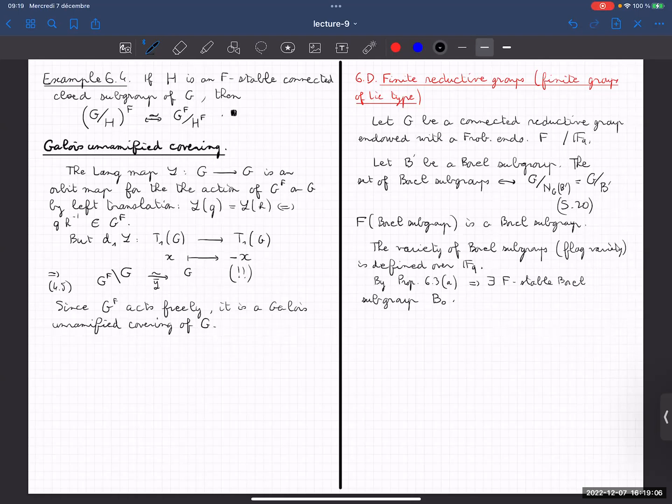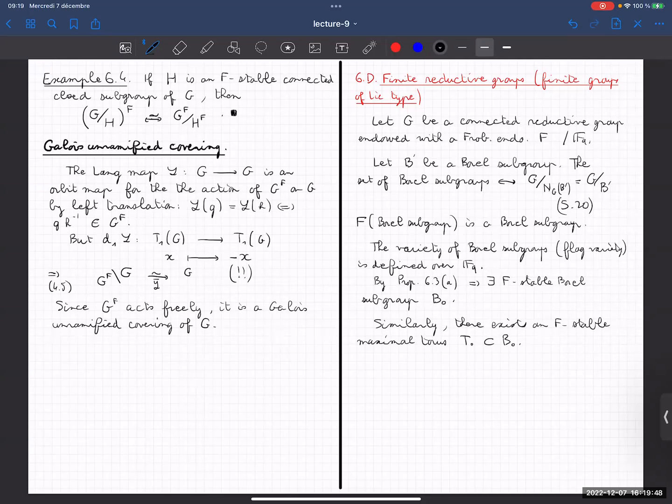The maximal tori inside B0 are also all conjugate inside B0, and so we can apply the same argument to see that there exists an F-stable maximal torus, that I denote by T0 inside B0.